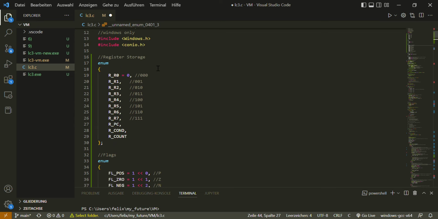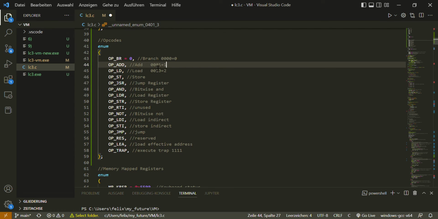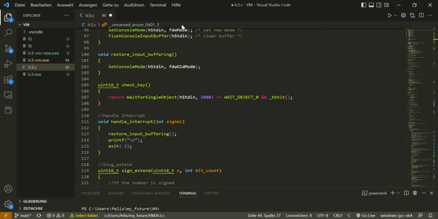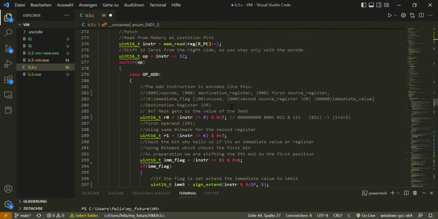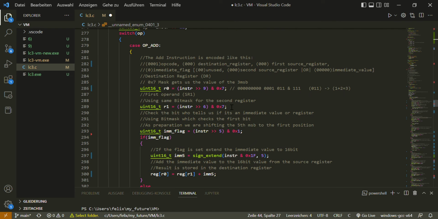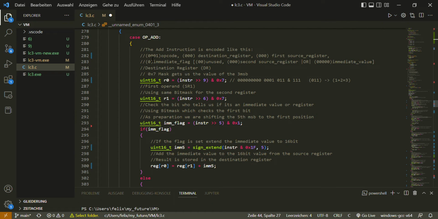As you know from the videos before, each instruction is encoded by a 16-bit value that is stored at an address in the memory. First, we're going to look into the add instruction. The add instruction is encoded like this.